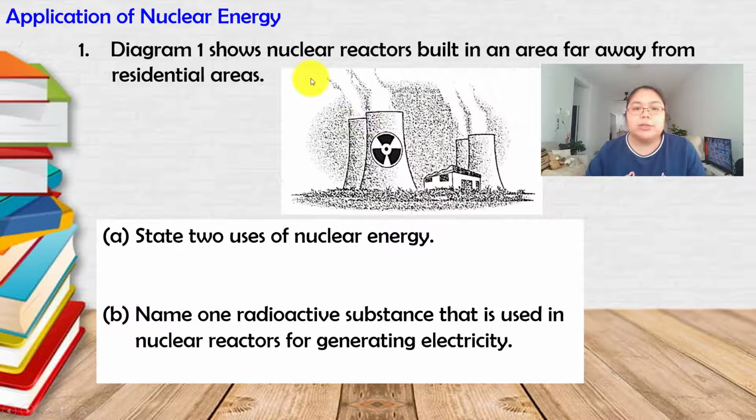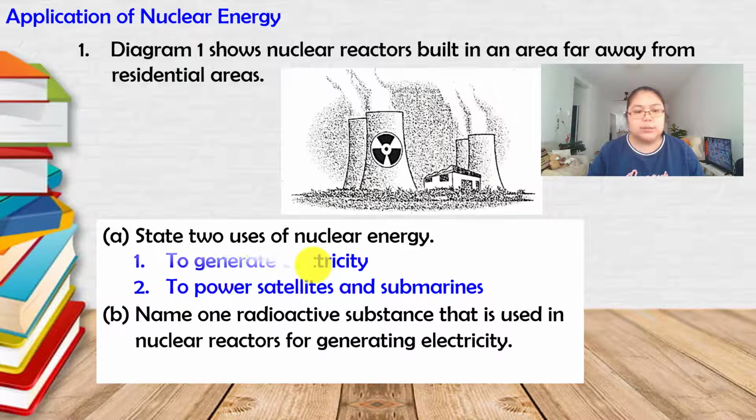Okay, diagram 1 shows a nuclear reactor. It is built in an area far away from the residential area. State 2 uses of nuclear energy. We know already the first one should be to generate electricity. Number 2, either you say the satellite or the submarine.